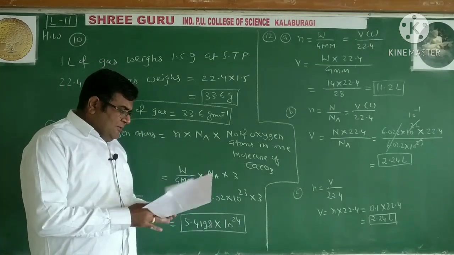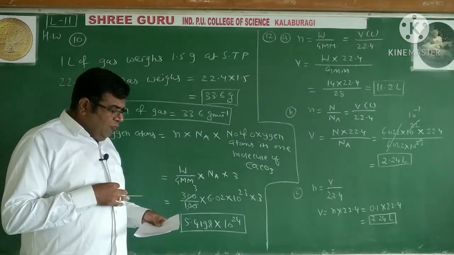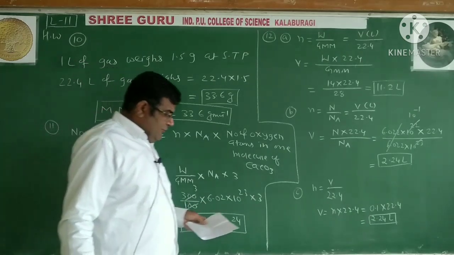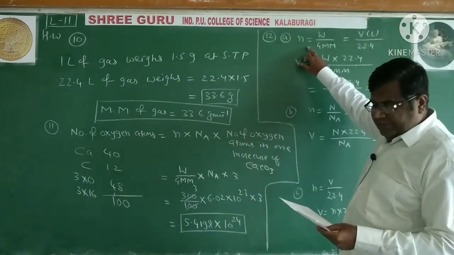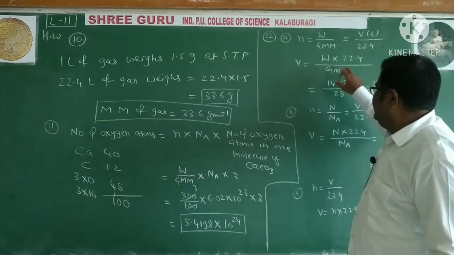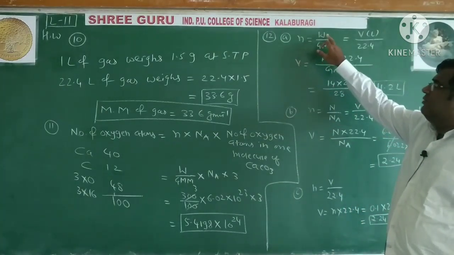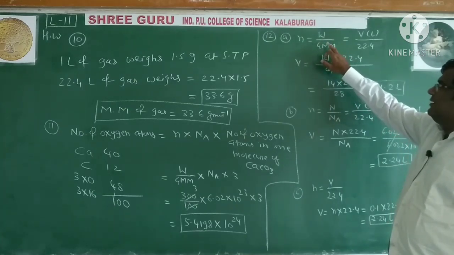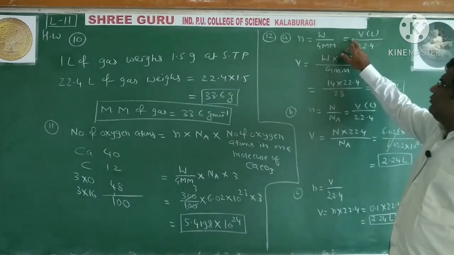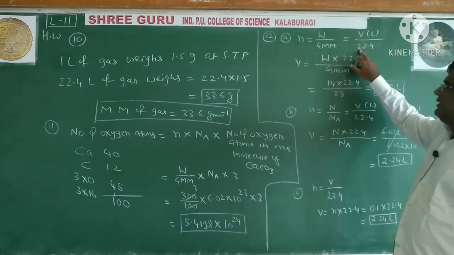The next one was, find out the volume of the following at STP. The first is 14 gram of nitrogen. We know that number of moles is equal to mass of that gas by gram molecular mass, and also number of moles is equal to volume of gas at STP divided by 22.4 liter.